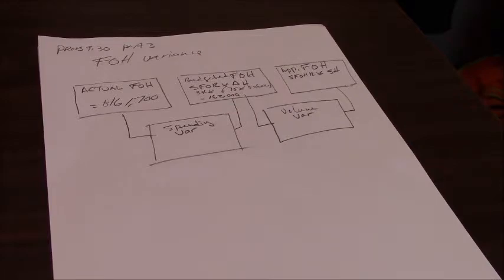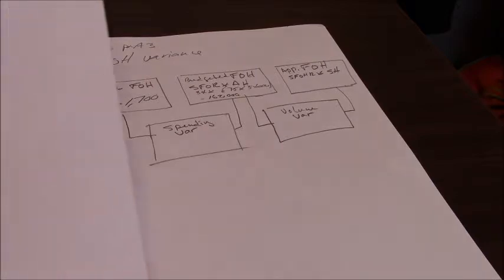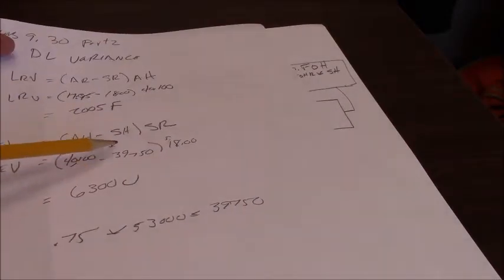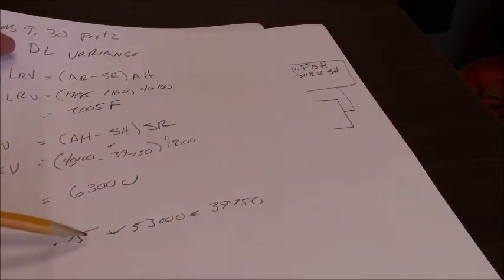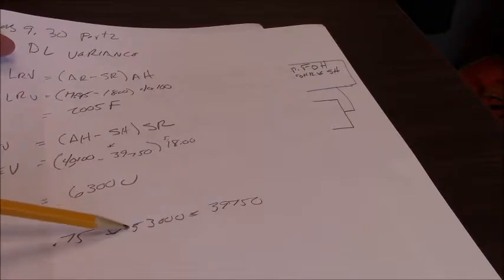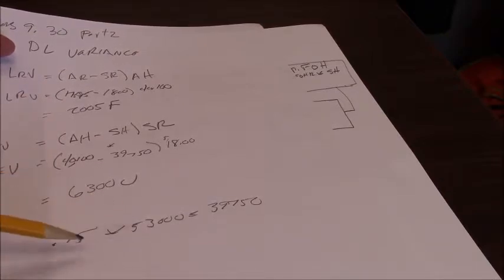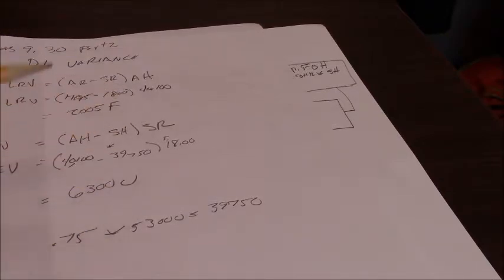I would have applied based on the standard hours that we calculated over here, 39,750, right? If I had known I was going to make 53,000, right? I didn't. I thought I was going to make 54,000, but I actually made 53,000. So if I'd known I was going to make 53,000, what would my standard hours have been?